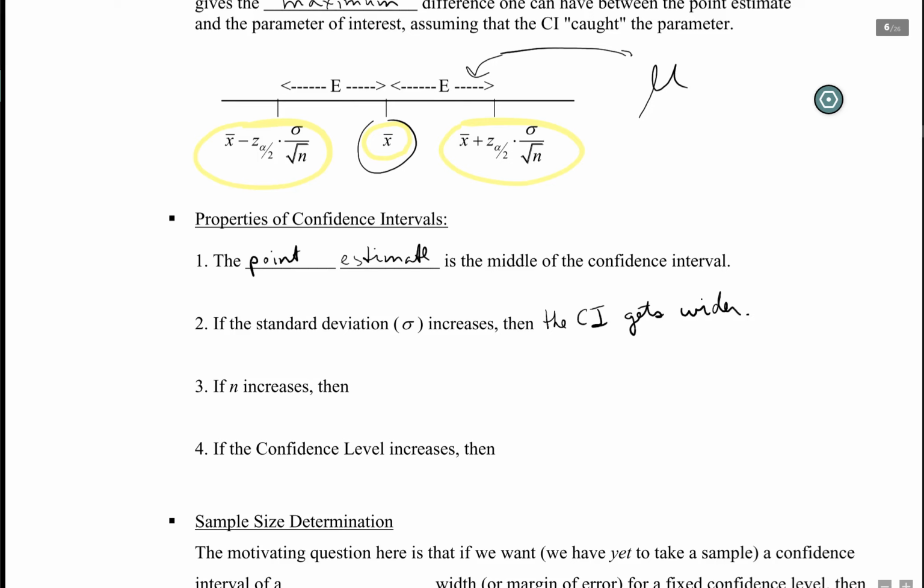If there's more dispersion in the population, then your confidence interval is going to have more uncertainty in it, and that will be reflected by a larger interval. If the sample size n increases, that denominator gets bigger, so the overall fraction gets smaller, so the margin of error gets smaller. The confidence interval becomes more narrow.